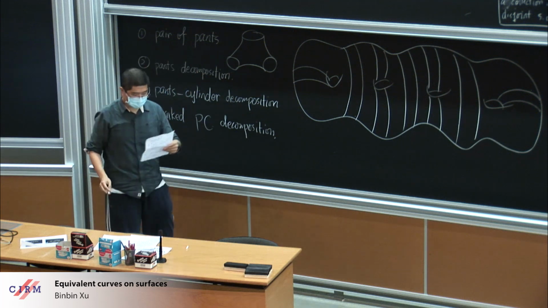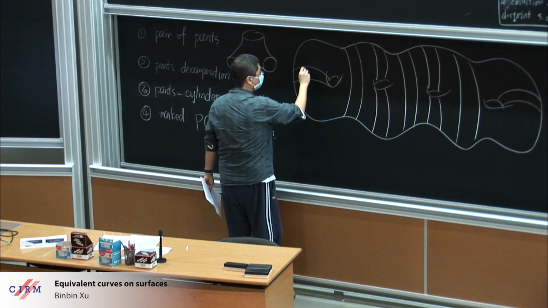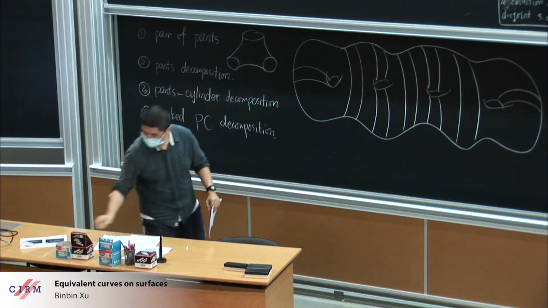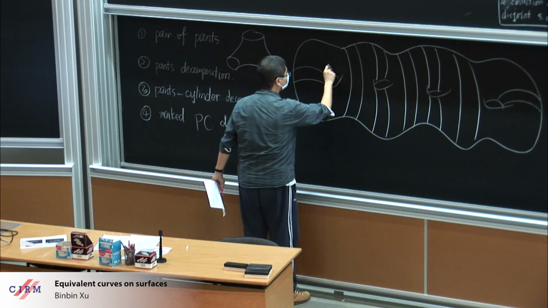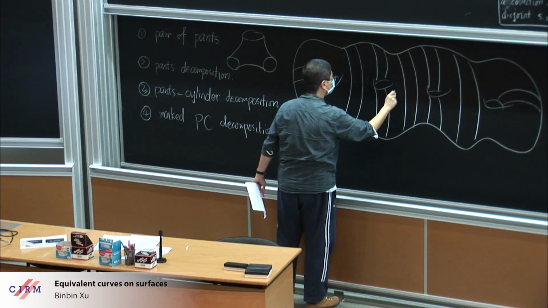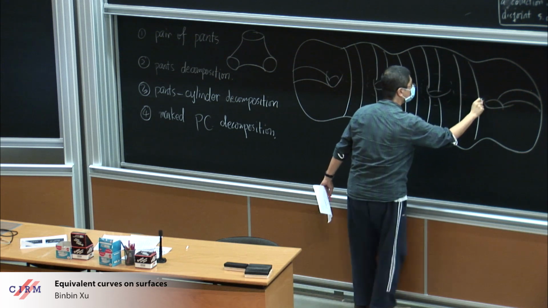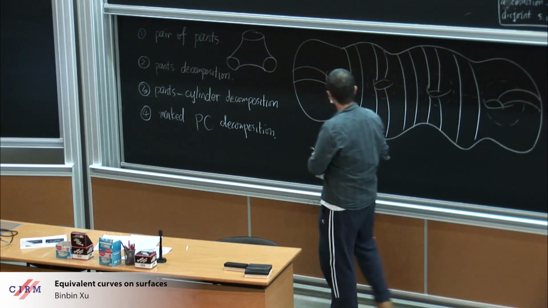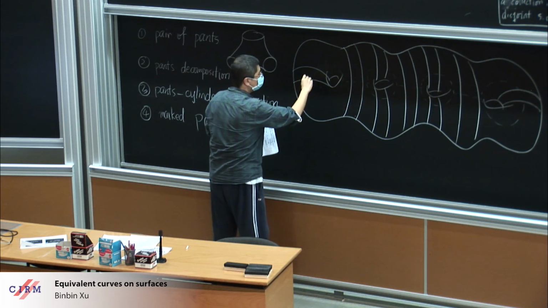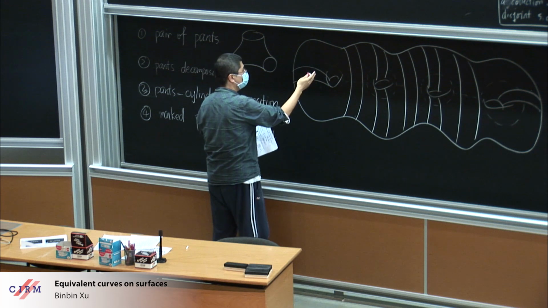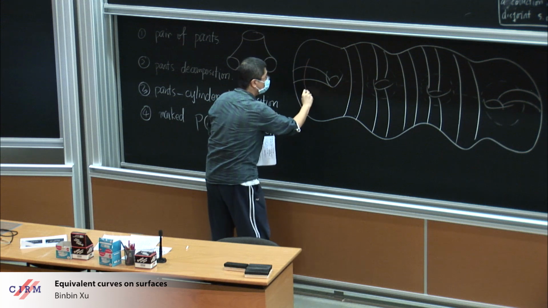Let me use a different color to draw this picture. Consider this is the dual graph. And then we can take a neighborhood of this dual graph, which can retract to this graph itself. So it will give us this one.